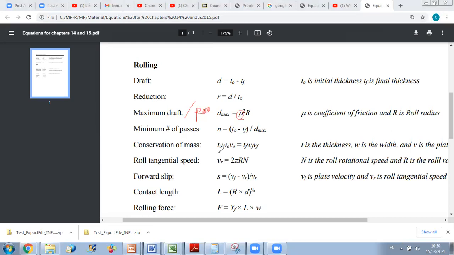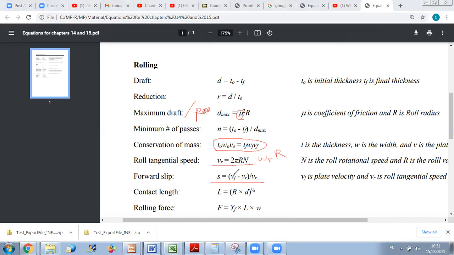Concerning the conservation of mass, it will give you a relation between the thickness, the width, and the velocity of the work part at the initial and final state. Now, for the tangential speed of the roll, we can calculate it from omega of the roll times R. And you know that the angular velocity of the roll is 2 pi n. Of course, n in this case is in revolution per second. Another parameter that is important in rolling is forward slip.